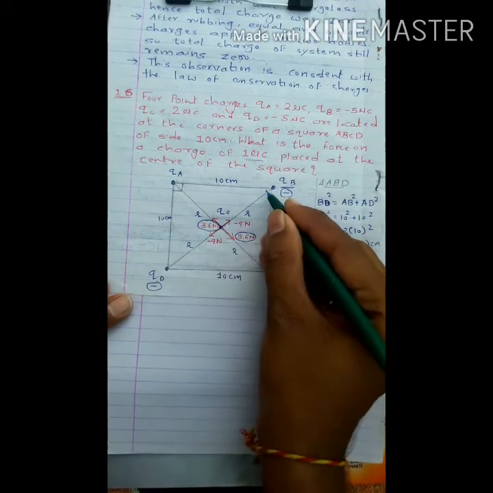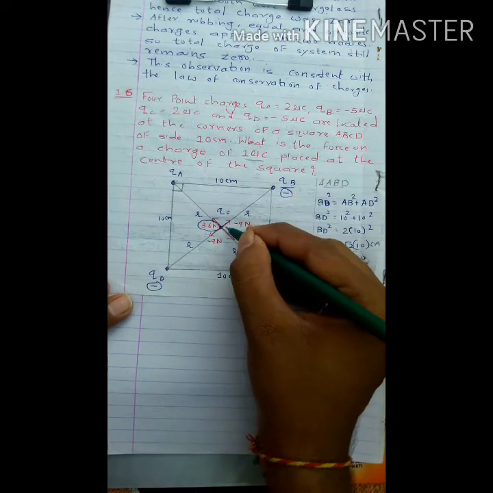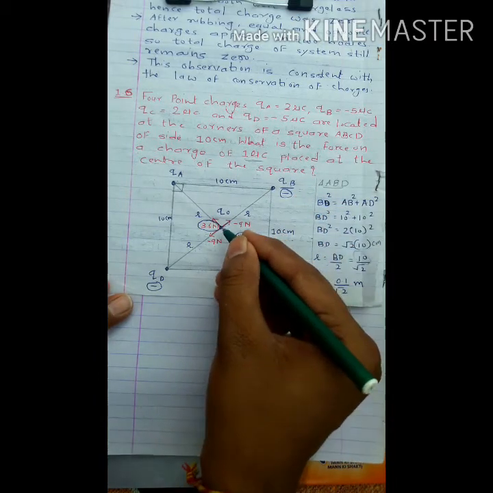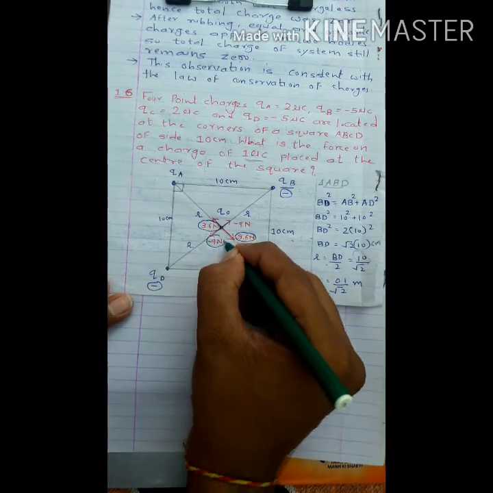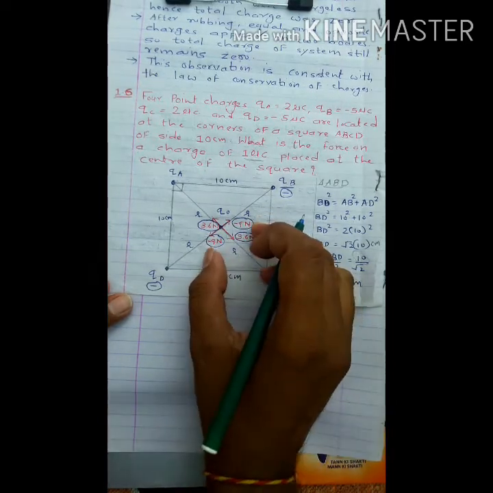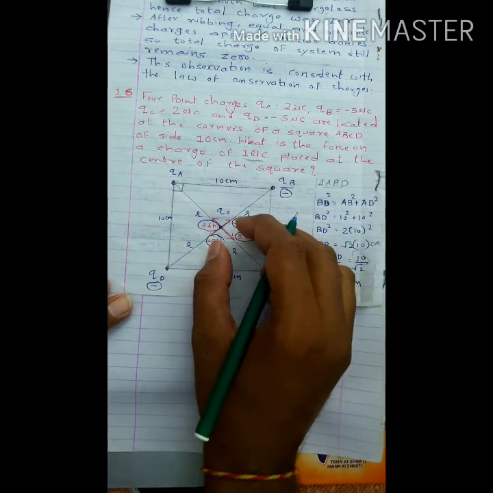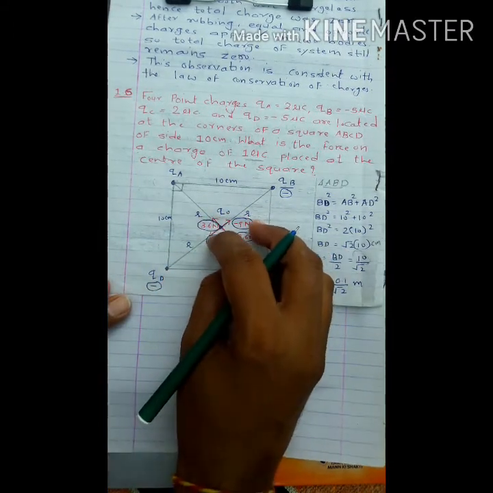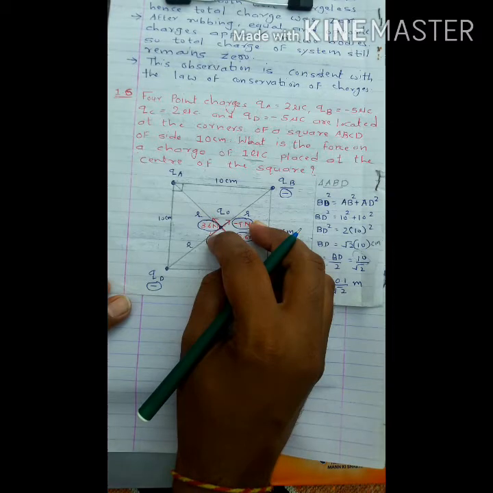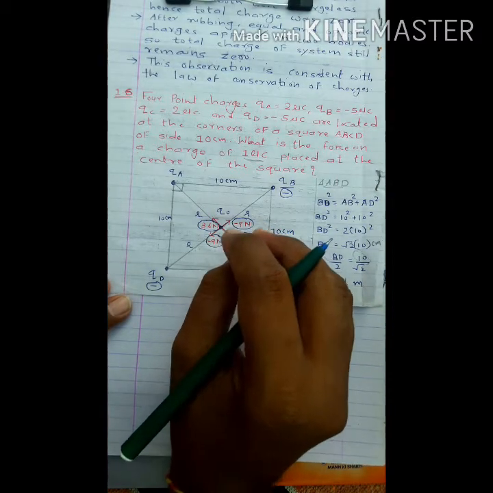Similarly, minus 9 Newton force acting towards B point and minus 9 Newton force acting towards D point means again these two forces are also equal and in opposite direction. Similarly, 3.6 and minus 9 Newton forces are equal and opposite in direction.